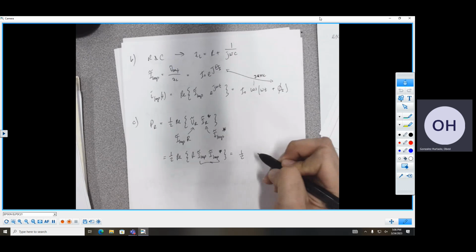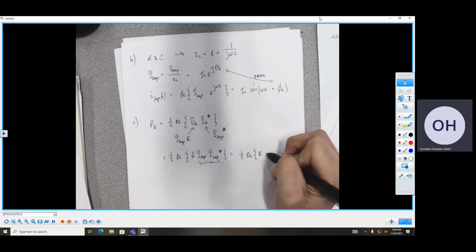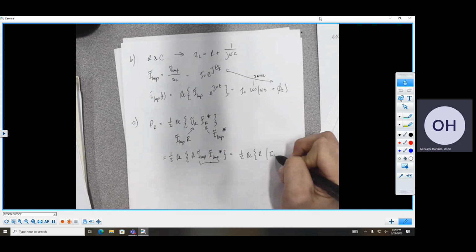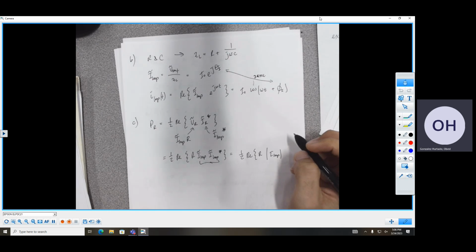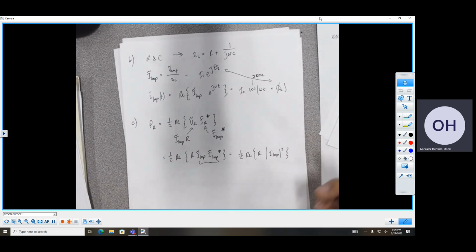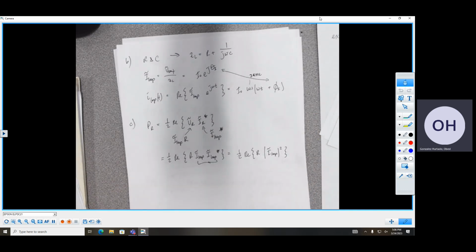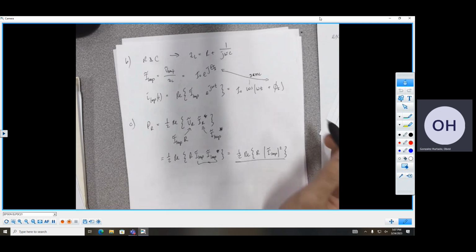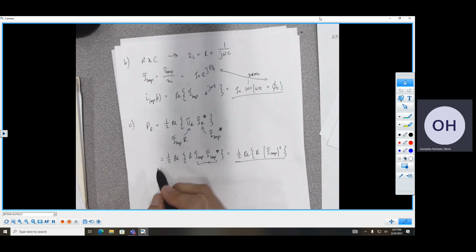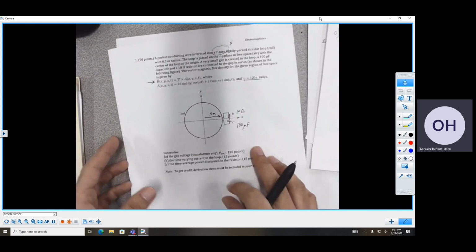So we can say it's also equal to, that should still be the conjugate, sorry, not the phasor. Yeah. That's question 2. Done.